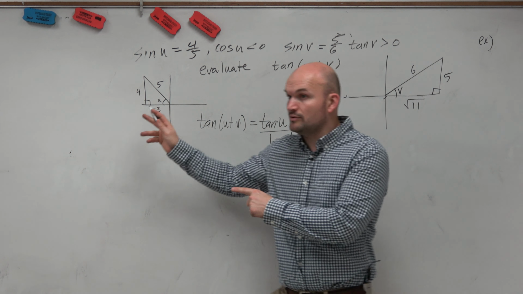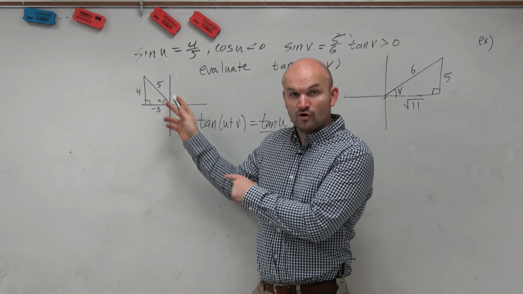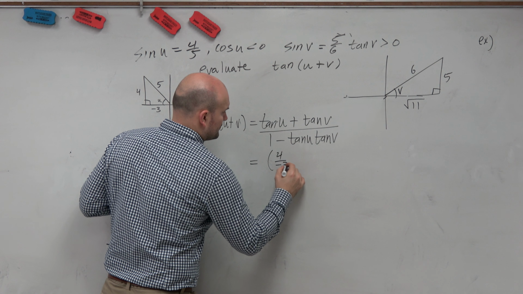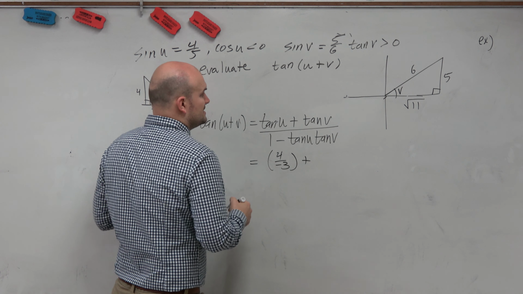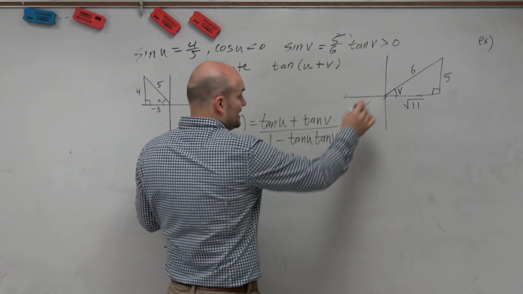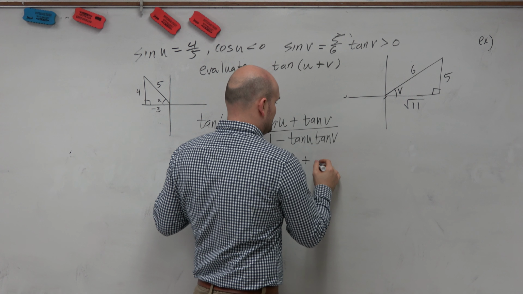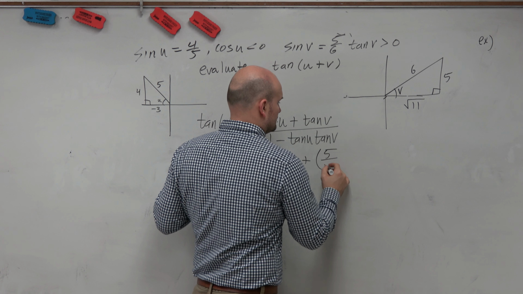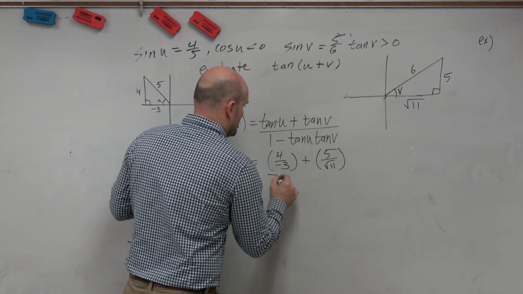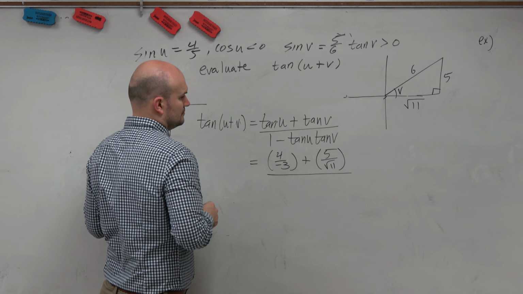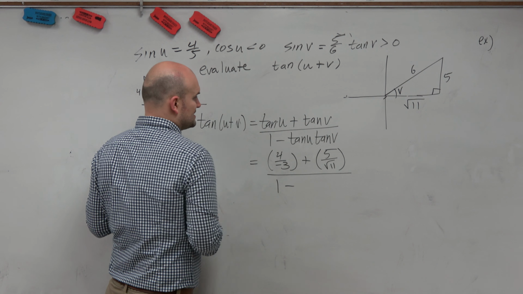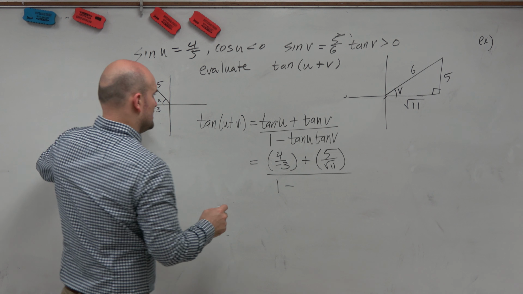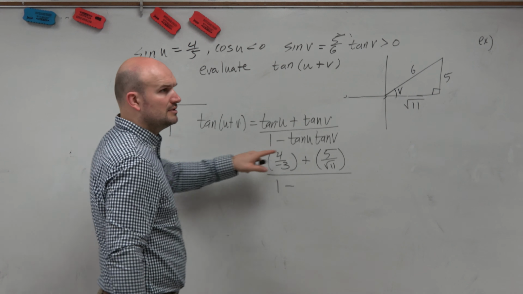So what is the tangent of u? So we go over to u. Tangent of u is 4 over negative 3, plus tangent of v. That is going to be 5 over the square root of 11, all over 1 minus tangent of u, which is, wait, is that right then?